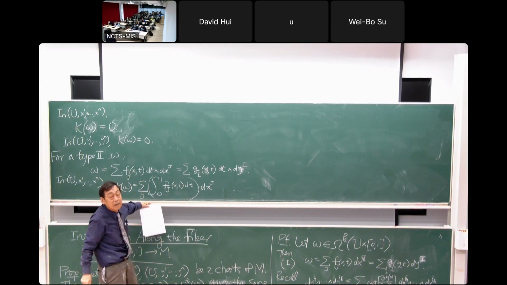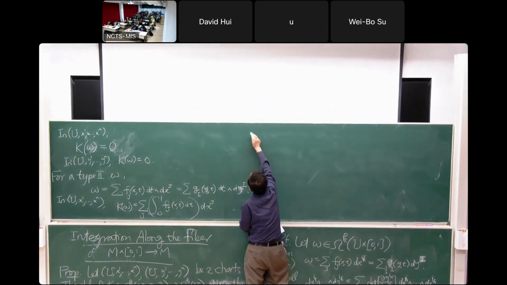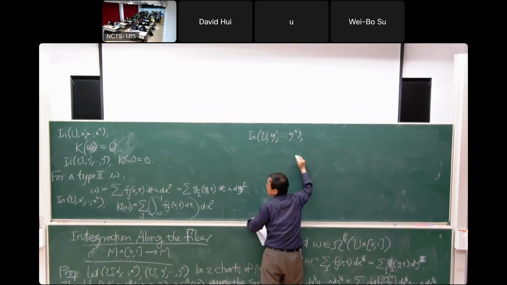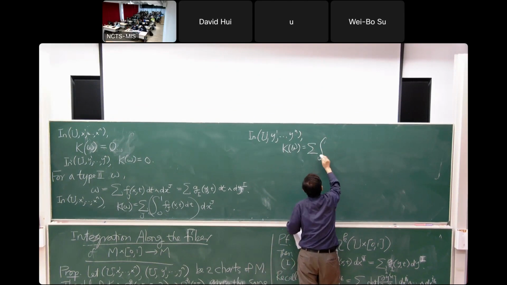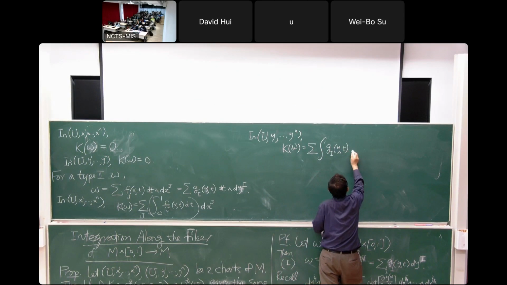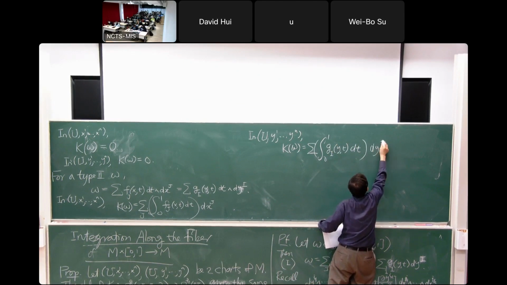And then in the y-coordinate system, I have a different formula. K omega is the sum of the integral of g_i(y,t) dt times dyi. Okay?